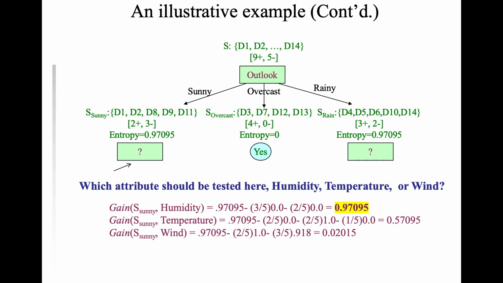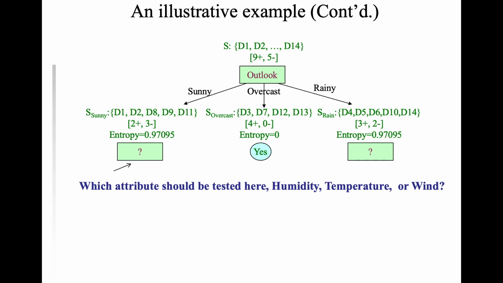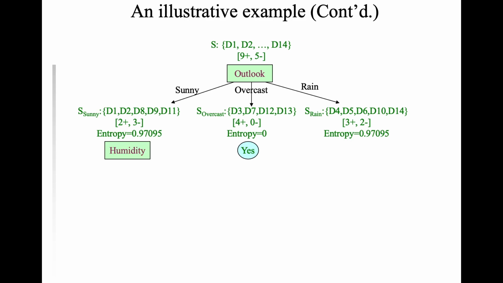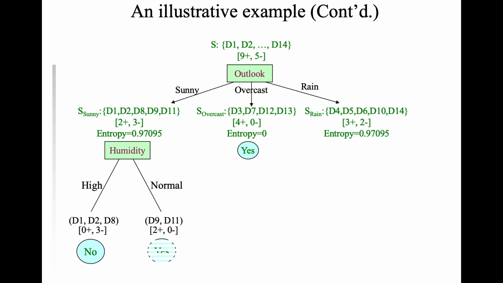We can have humidity, we can have wind, temperature, etc. And after we chose humidity, how many branches do we have in humidity? 2 branches, right? It could be either high or normal.